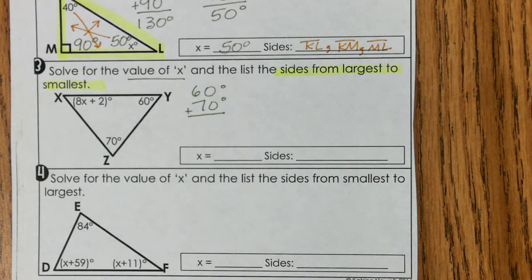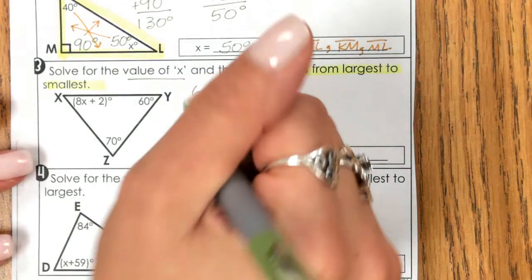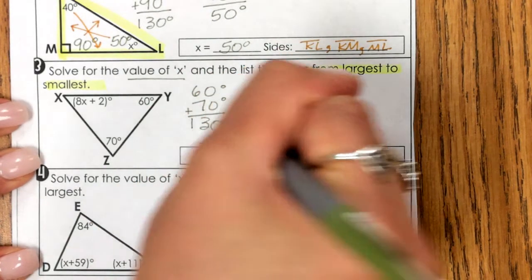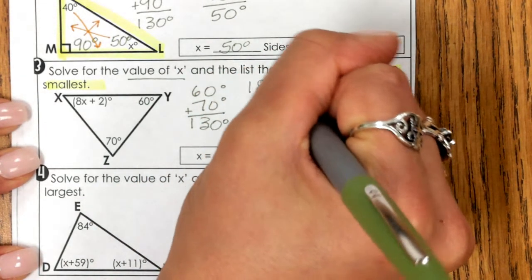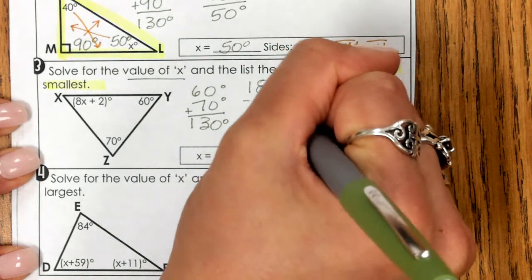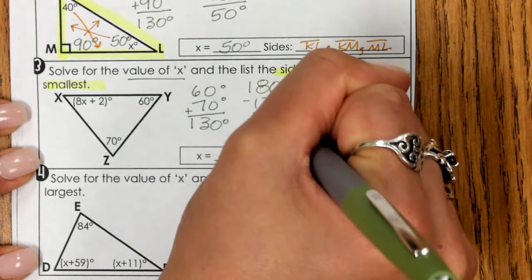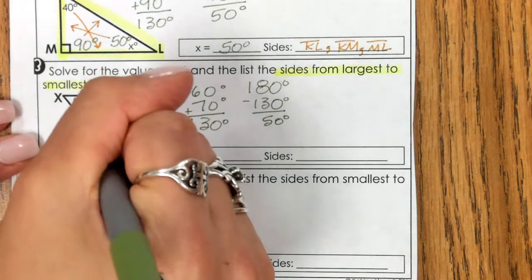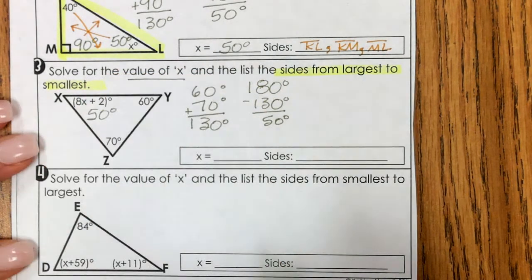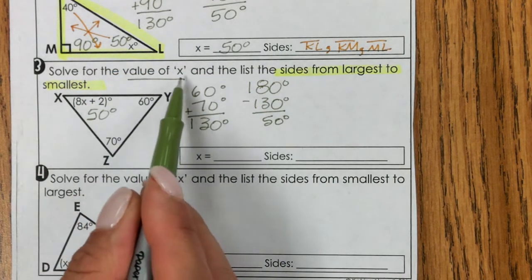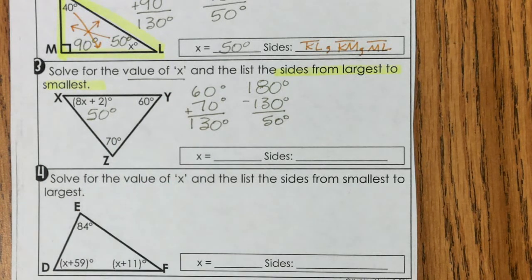You would add those two known amounts, which would be 130. Next step, you would subtract. Okay, so that means that this angle is 50, but we also still have to solve for the value of x, because that's what the question is asking me to do.